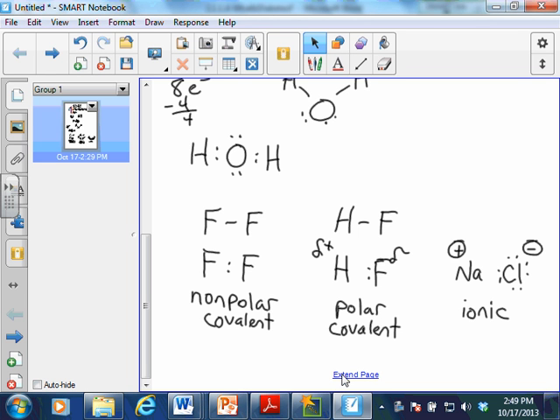Is there any other way to get a nonpolar covalent bond, besides a nonmetal and a nonmetal? Oh, the nonpolar ones. You know, carbon and hydrogen are so close in their electronegativities that we usually consider that to be nonpolar covalent.